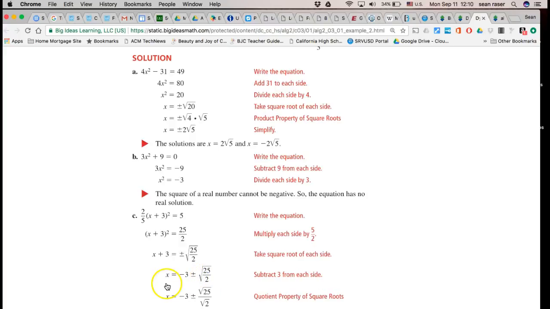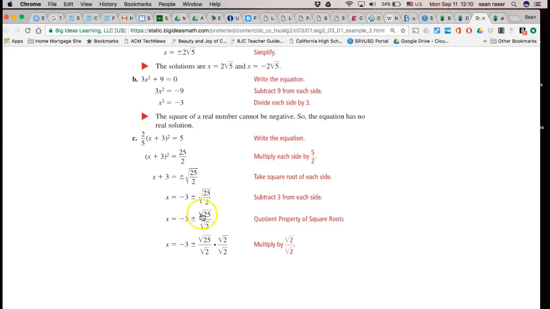Okay? And we can simplify this because we know that we can take the square root of 25 and get 5. And here we're just rationalizing our denominator because we can't have a radical in the denominator. So we're multiplying both sides by root 2 over root 2. Again, this was something you did in Algebra 1 to simplify your radicals. See me if you have any questions on it.